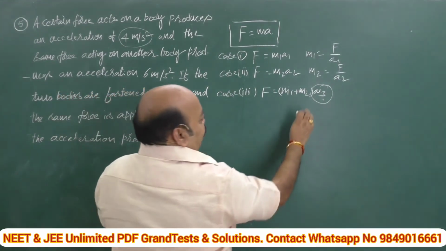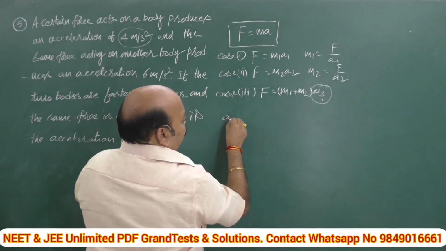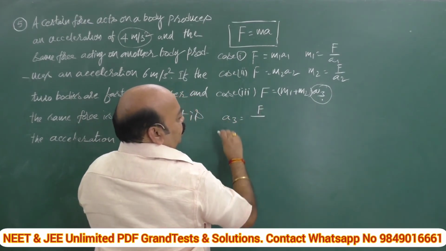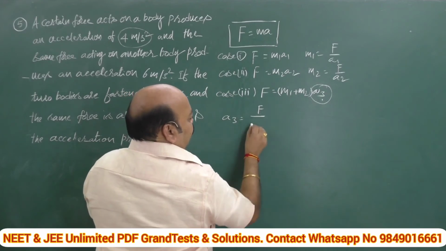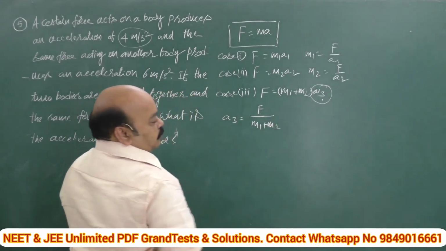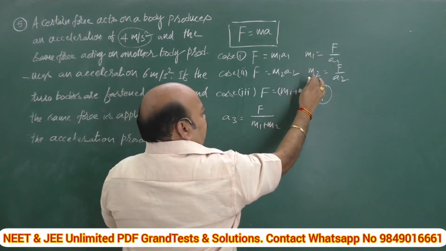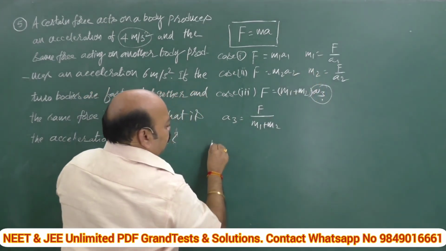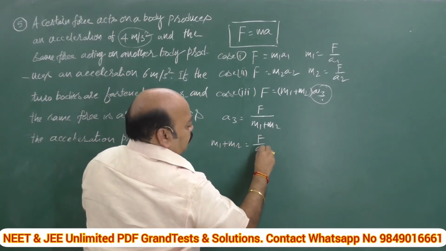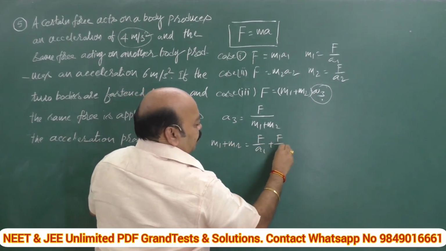Okay, let us substitute. A3 is equal to F by m1 plus m2. From this, can you find the value of m1 plus m2? It is F by a1 plus F by a2.